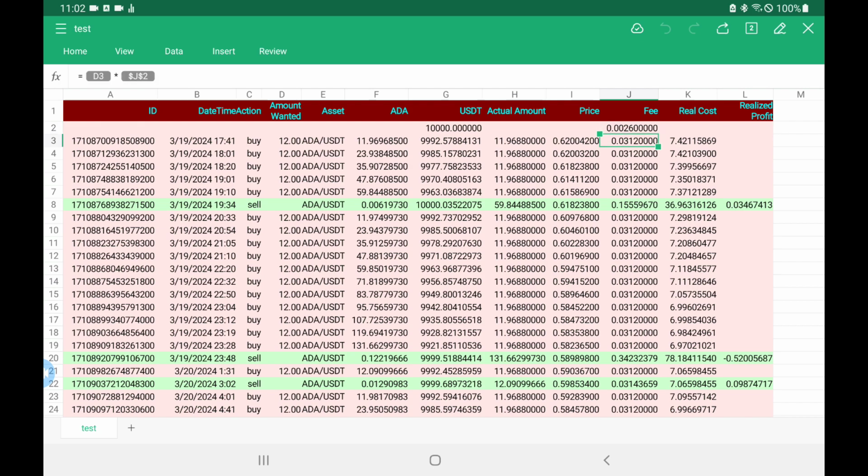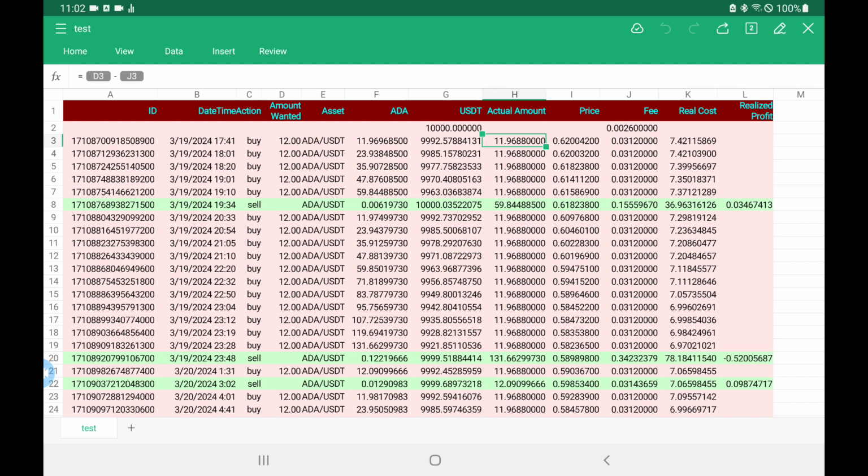That fee comes off the very top of the transaction, right away out of your quote currency. So your fee, in this case, is going to be roughly 0.03 cents. And that is going to be reflected in the actual amount you purchase.